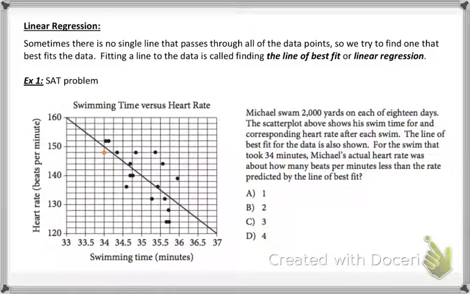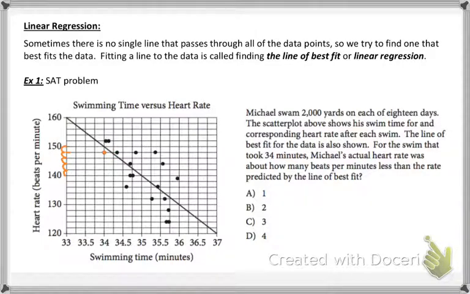And it looks like his heart rate was right here. And if I look at the units, it looks like I'm going up 140 to 150. So 2, 4, 6, 8, 10. It looks like every unit represents 2 beats per minute.